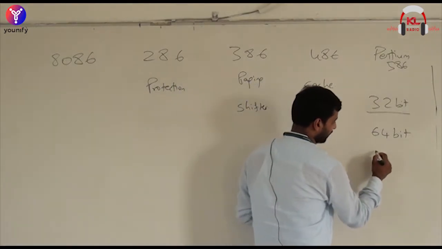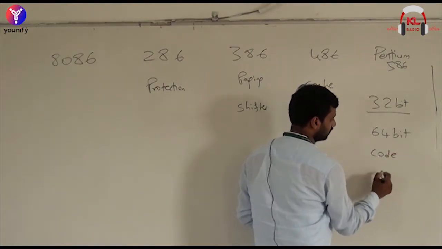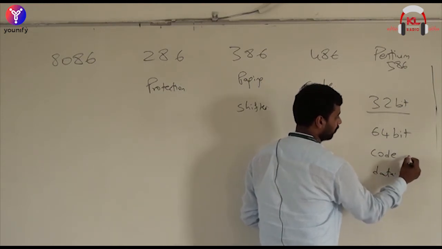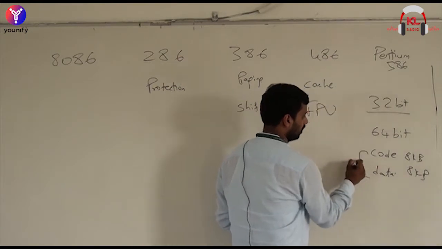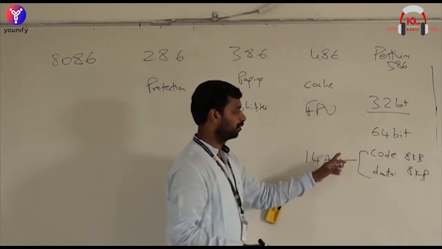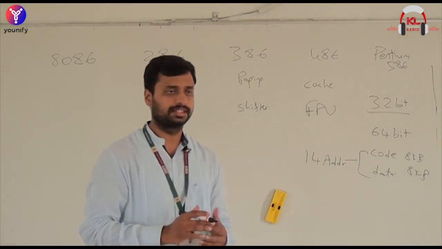And we have a cache which is separate. So we have a code cache and a data cache separately, each of 8 KB. So a total of 14 address lines are required to select the code cache and data cache. So why do we have the code and data cache separately?